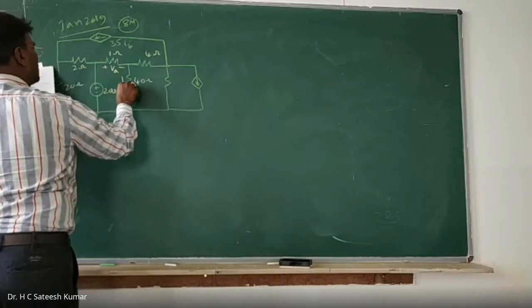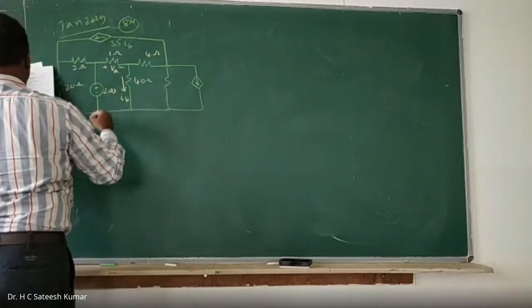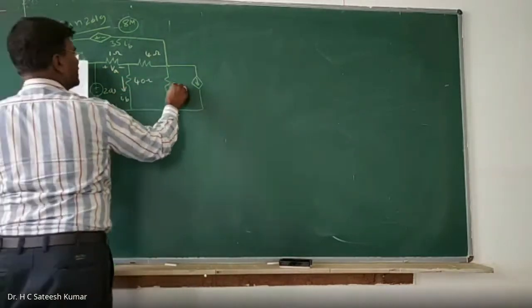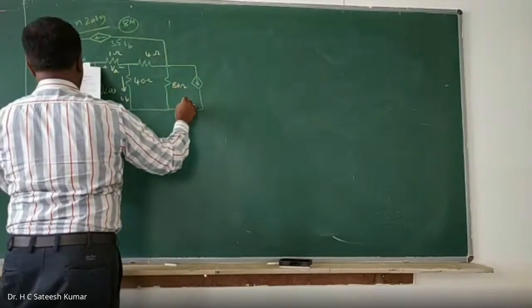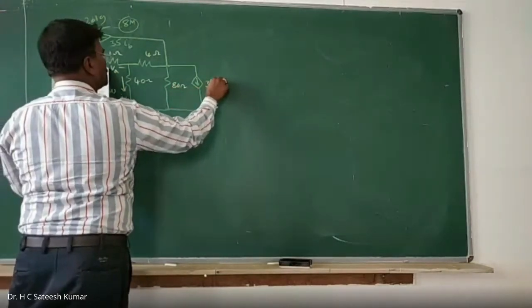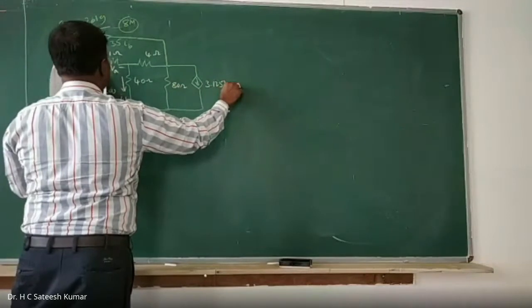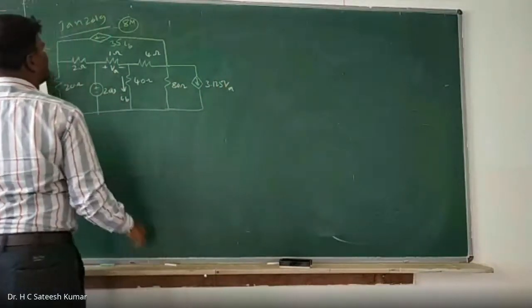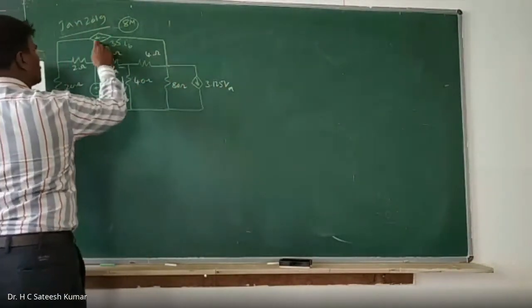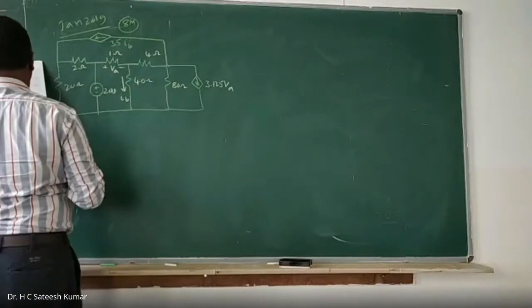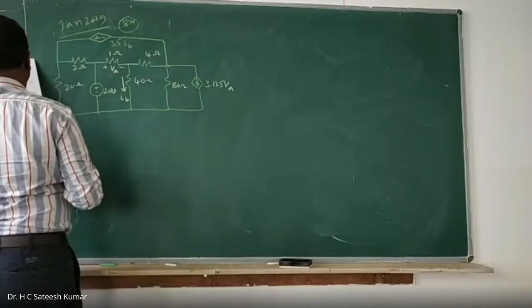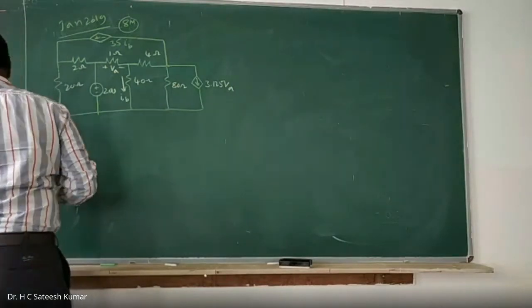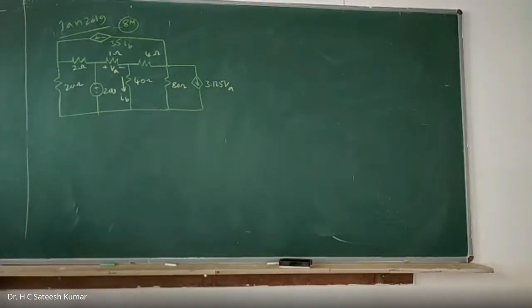This current he called IB. This is 80 ohms, and this is 3.125 VA. There are two dependent sources, that's it. Now we shall do this problem.